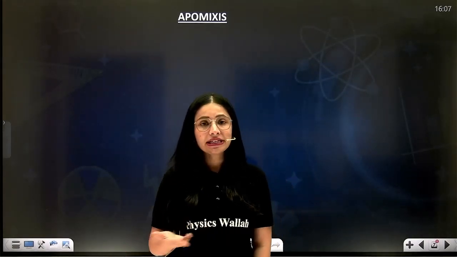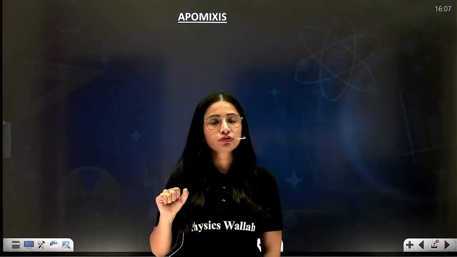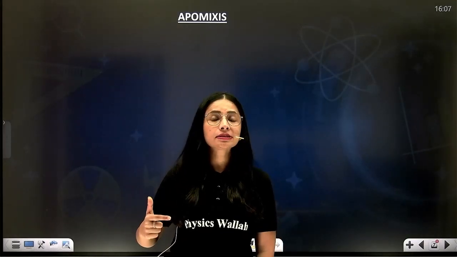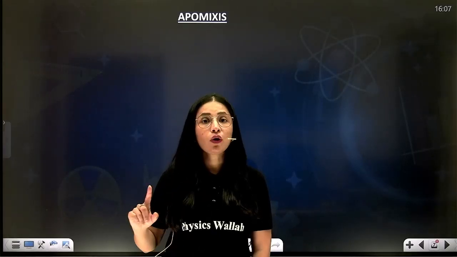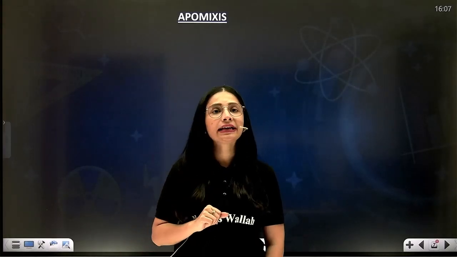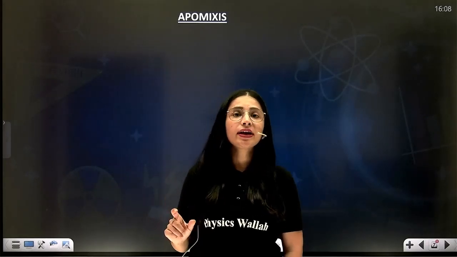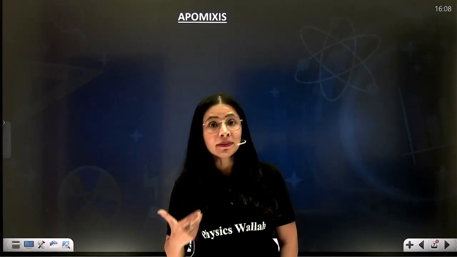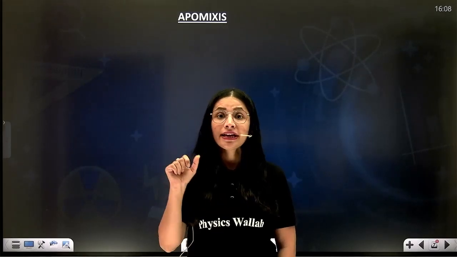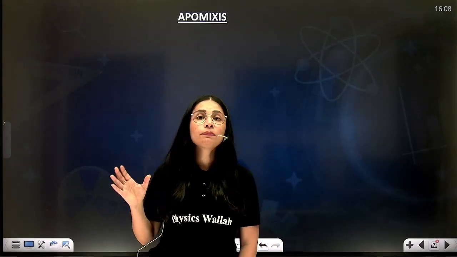You have seen in parthenocarpy, fruit is being produced without fertilization, but seeds cannot be produced. However, apomixis is a type of asexual reproduction in which without fertilization, we will not only produce fruit, but we will also produce seeds inside them. So this type of asexual reproduction, which mimics sexual reproduction, is known as apomixis.